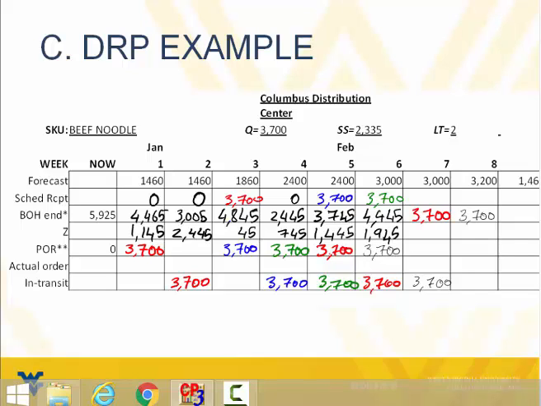So now I go back and calculate my balance on hand. Now my Z value is 4,185, which is more than my safety stock, so I don't have to worry about placing any orders in that period.